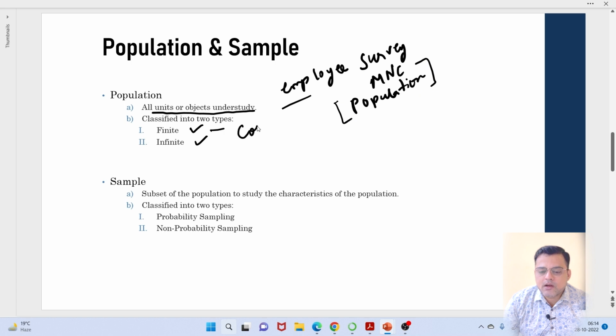Finite means which is countable, which we can count. Infinite is difficult to count, uncountable. Most of the time we work with either a finite population or an infinite population. There is another example of a finite population, which is your census of India.